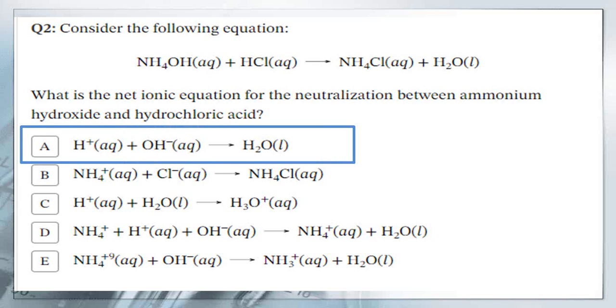So the right answer will be the net ionic equation. We must concentrate on the reaction of the ions of water, H plus and OH negative, to form liquid water.